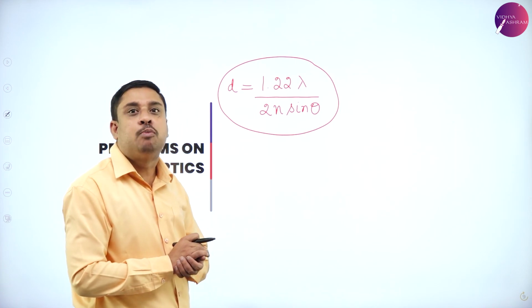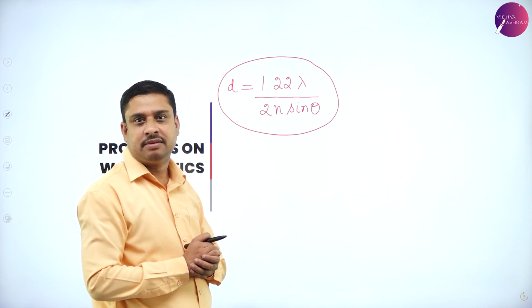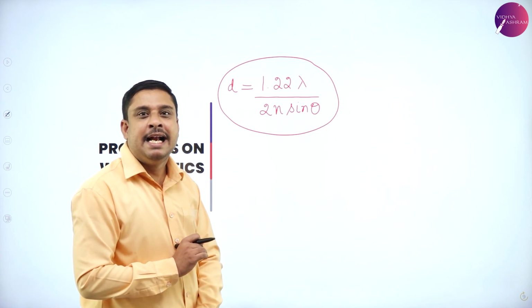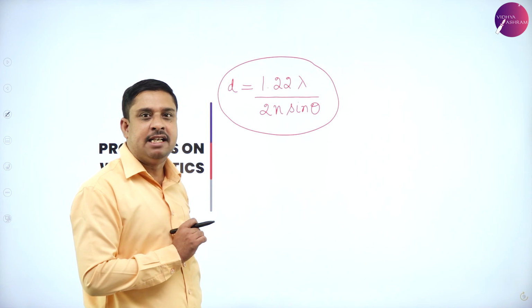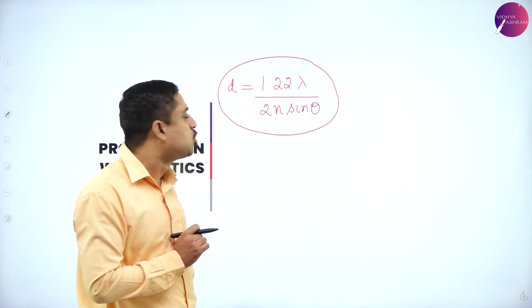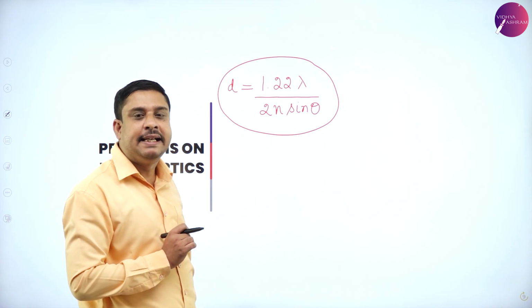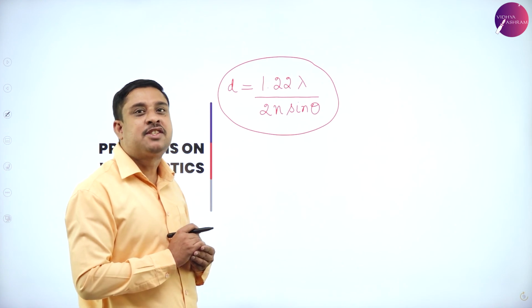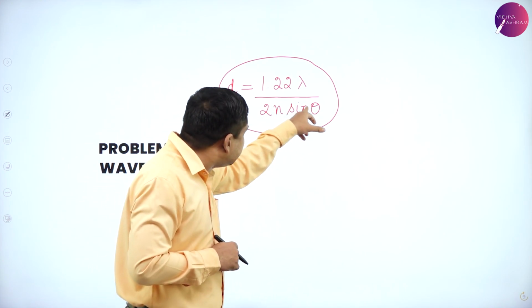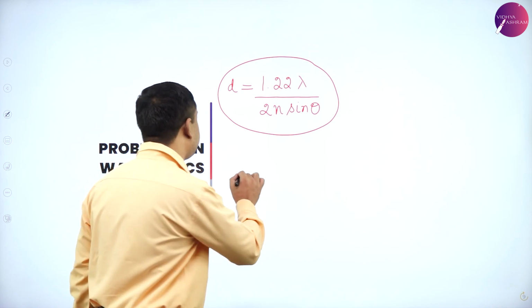For non-luminous point objects, the 1.22 does not come. Since it is luminous point objects, D is 1.22 lambda divided by n sin theta. Which is the numerical aperture here? n sin theta itself is called numerical aperture.